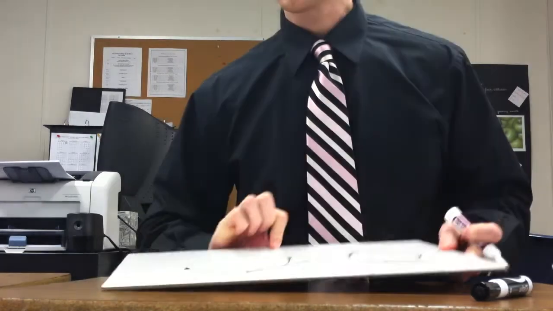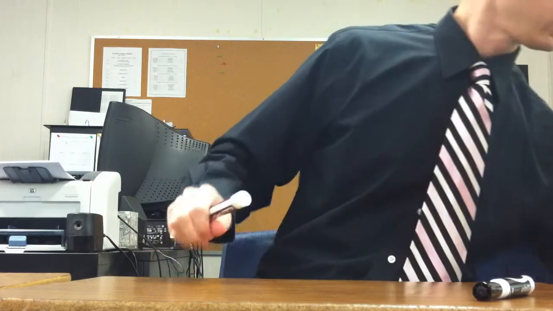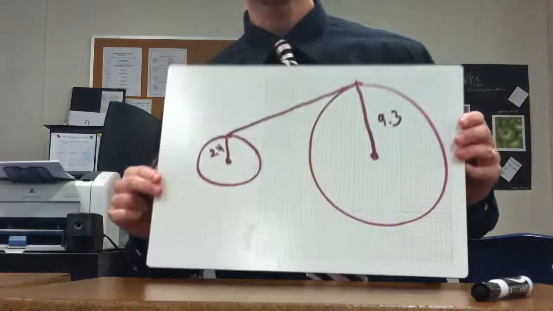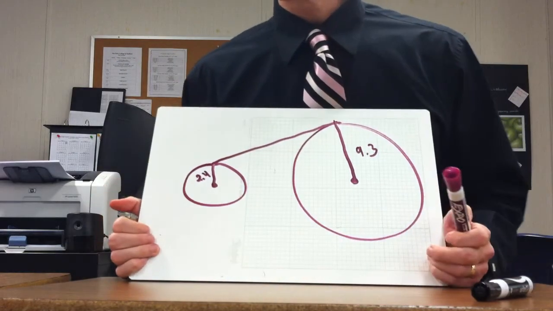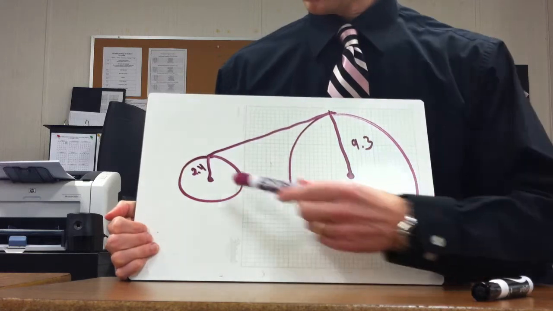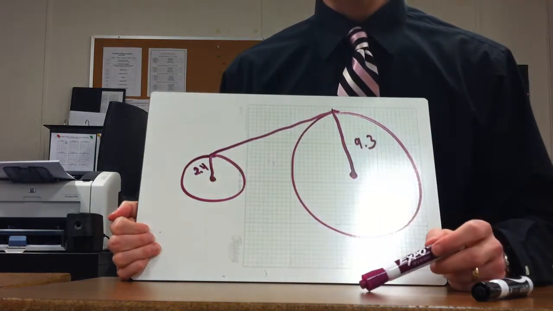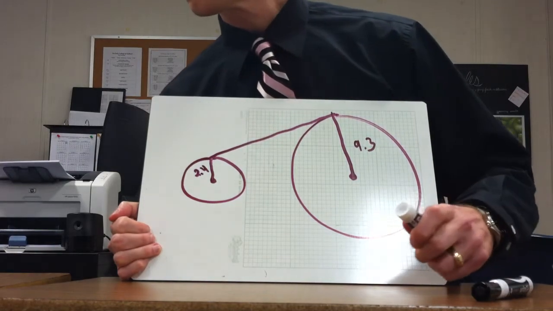I want to look at the example. This goes with example 2 on lesson 11.1. And it's a very common problem that you'll see, and I do believe you'll see this on your test as well. But it's talking about a bike chain. And we know that the radius of the small circle is 2.4, and the radius of the large circle is 9.3.